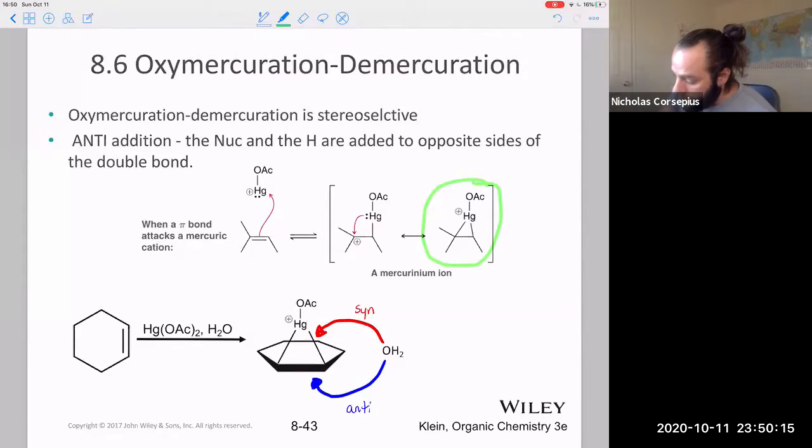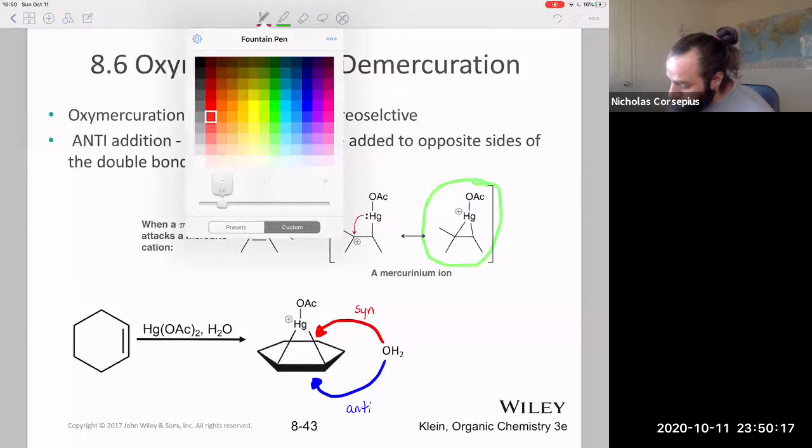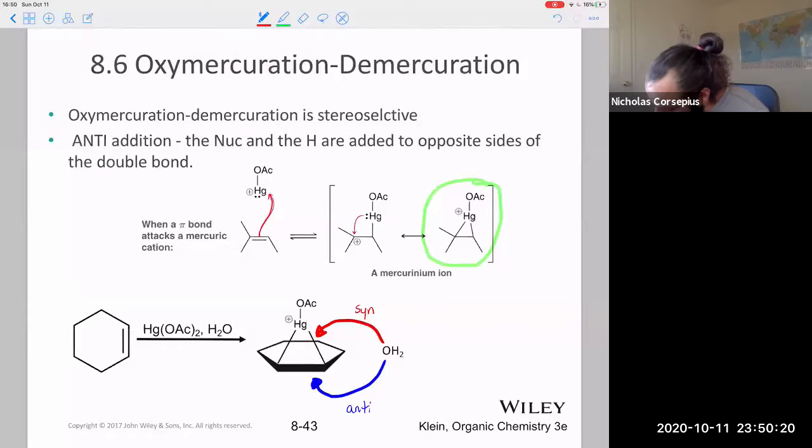Okay, so just like before, we have our double bond playing the role of, in this case, a nucleophile. It's going to reach out and grab that electrophile, in this case, this weird mercury complex. And that temporarily creates a carbocation, but what happens is the mercury goes and interacts with that carbocation immediately to form this cyclic intermediate here.